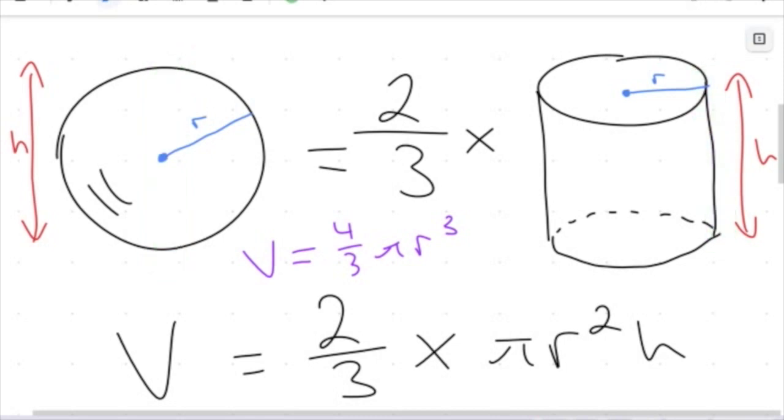So we want to write the height in terms of something we know about this circle, or this sphere, I should say. Now, a sphere is the same no matter what orientation we put it in. We can rotate it around, do anything, and it'll always have the same height.